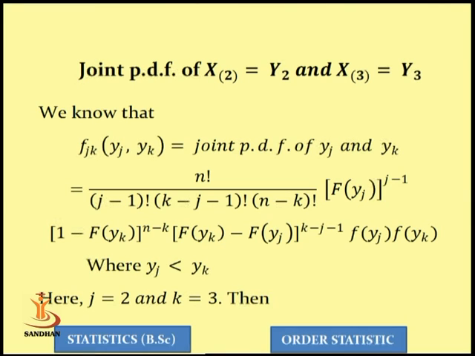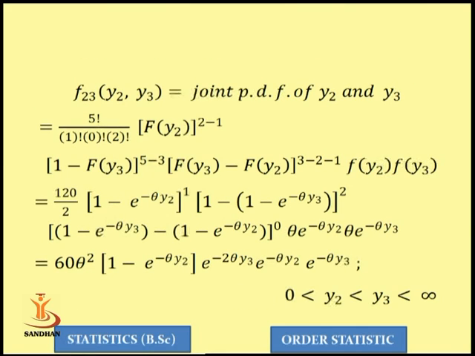So here I will take j as 2 and k as 3, and n is again 5. Putting j is 2, k is 3 and n equal to 5 in the above form, and replacing capital F of yj by the distribution function of the exponential, and replacing small f of yj and yk by the density function of the exponential, we will end up with this joint distribution.